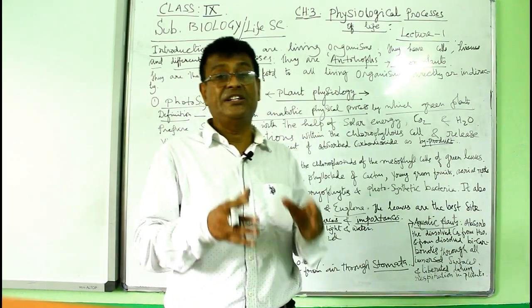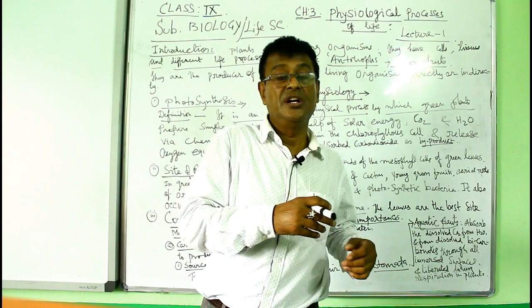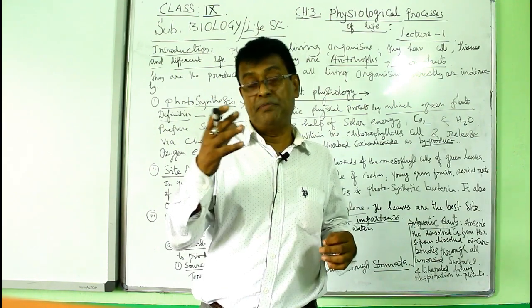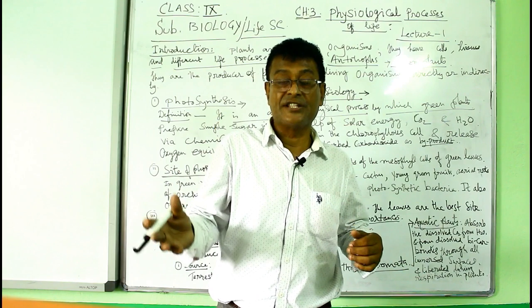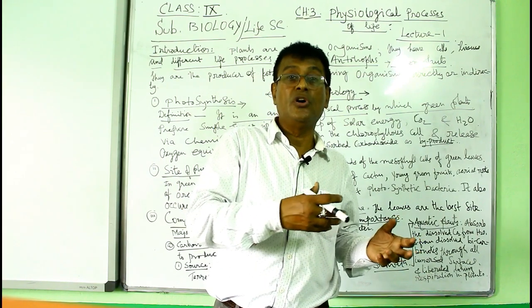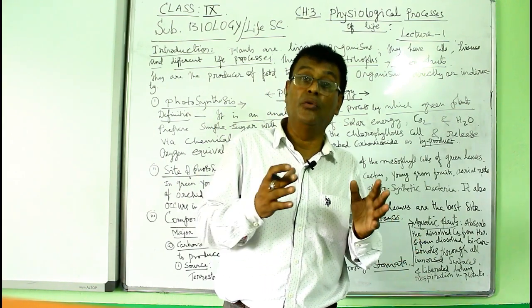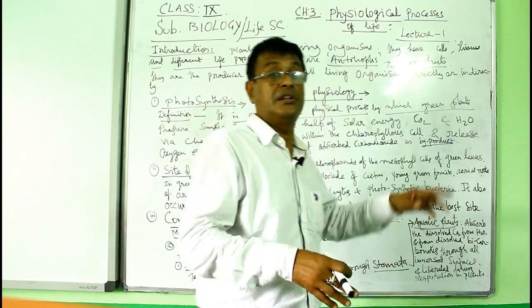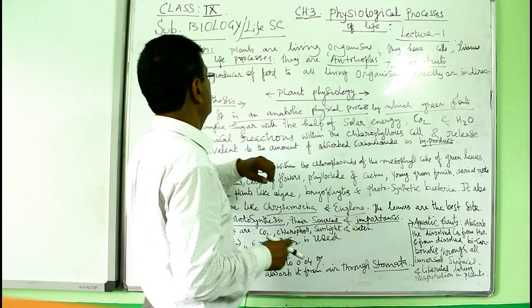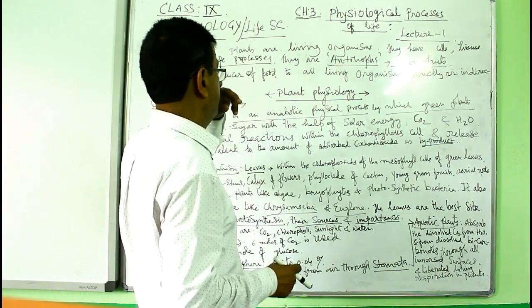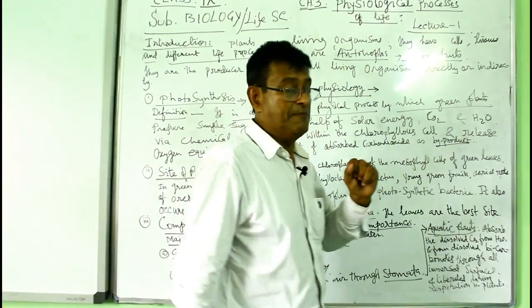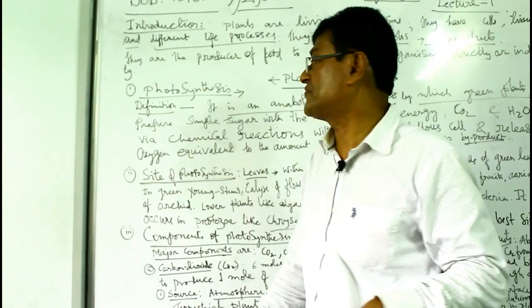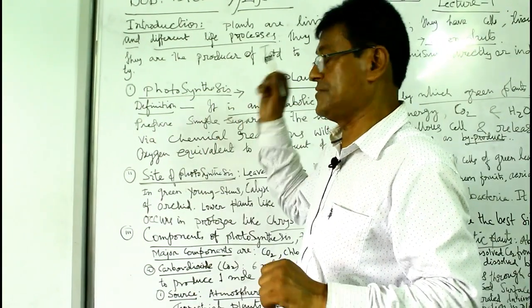Directly means by the herbivores, indirectly means by other organisms like the carnivores or like us omnivores. All sources are the green plants. Well, now we have plant physiology. In plant physiology, we first discuss photosynthesis.